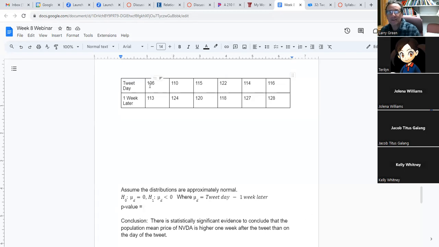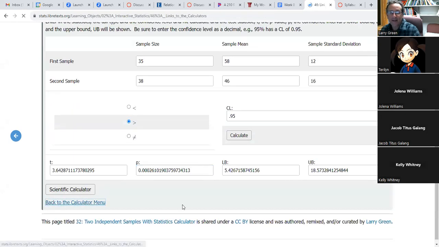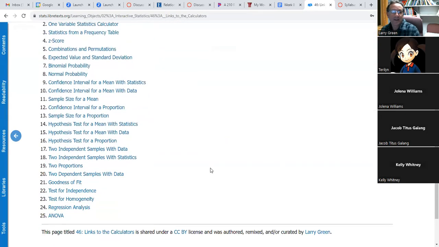And the p-value. So we need to go to a calculator. Let's go back to the calculator menu. Which calculator should I use?